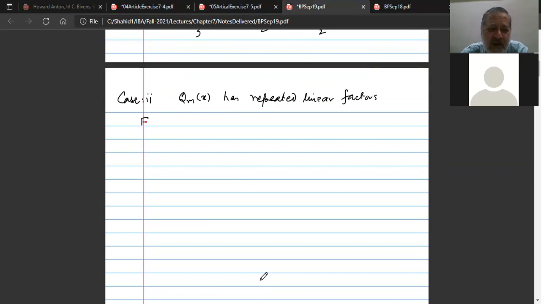And consider a simple example of a repeated factor: the integral of x plus 1 upon x minus 1 whole squared.